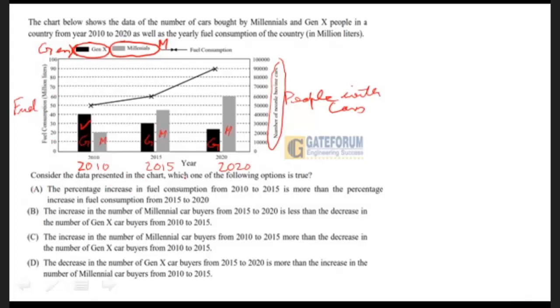Considering the data presented in the chart, which one of the following options is true? Let us see. A: the percentage increase in fuel consumption from 2010 to 2015 is more than the percentage increase from 2015 to 2020. So we are dealing with fuel consumption.